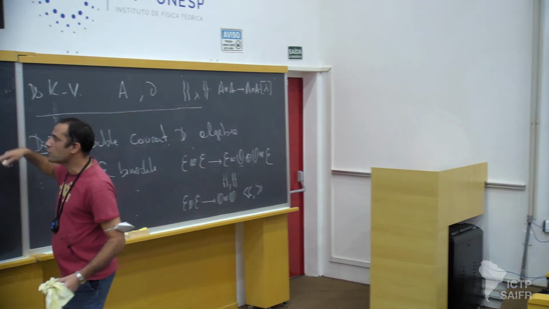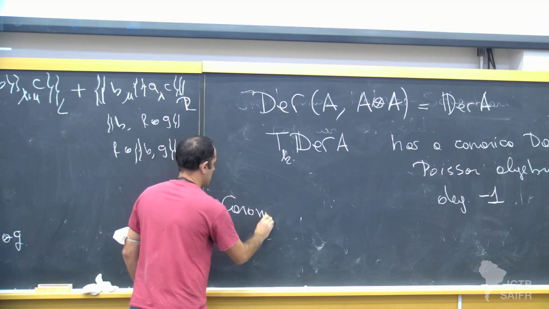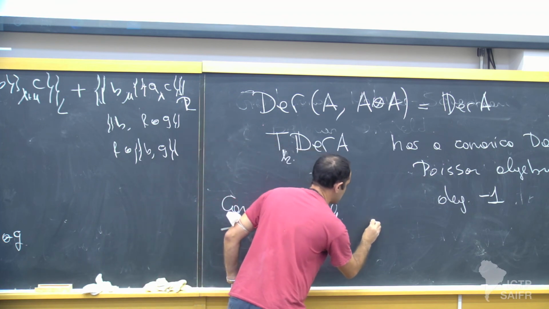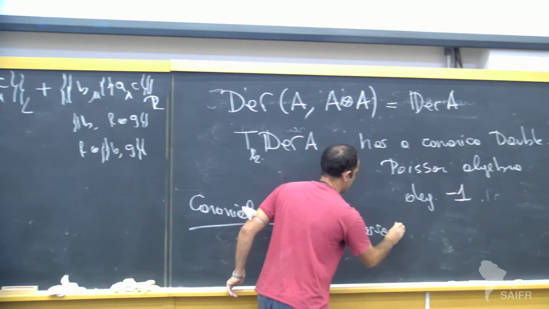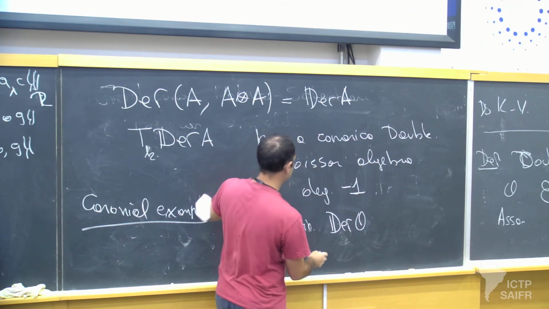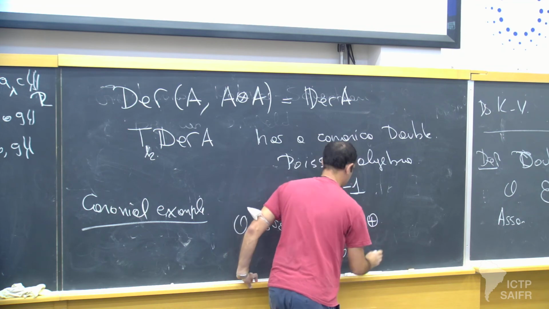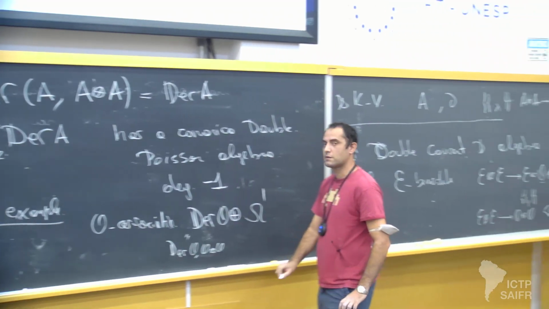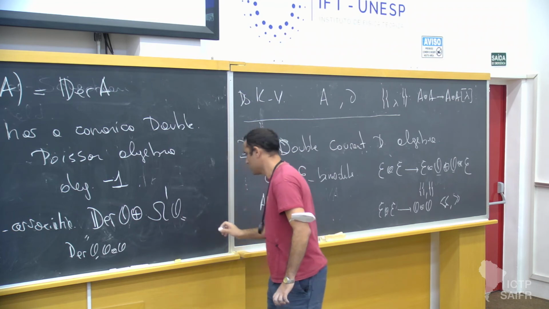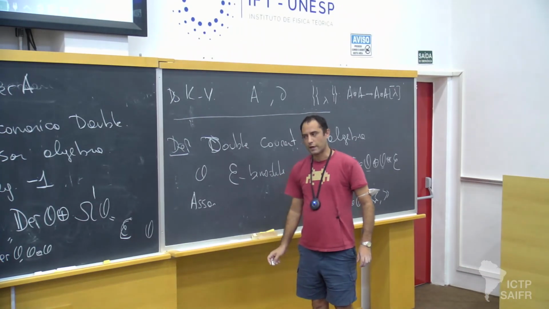So the theorem is these two things are equivalent, and moreover, the canonical example is the following: if you have an associative algebra O, you look at double derivations of O. So these are derivations from O to O tensor O, and you sum its dual, which is noncommutative differentials on O. Then this thing here is a Courant-Dorfman algebra over O in a canonical way.